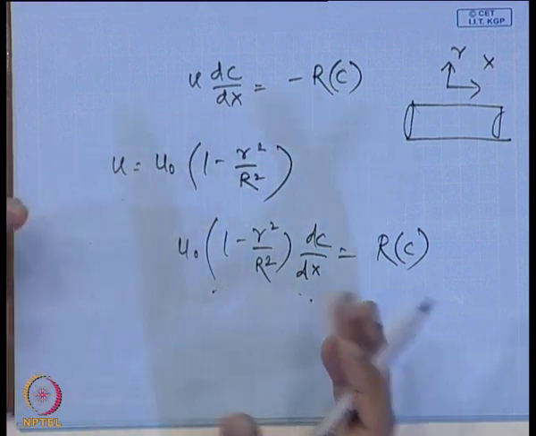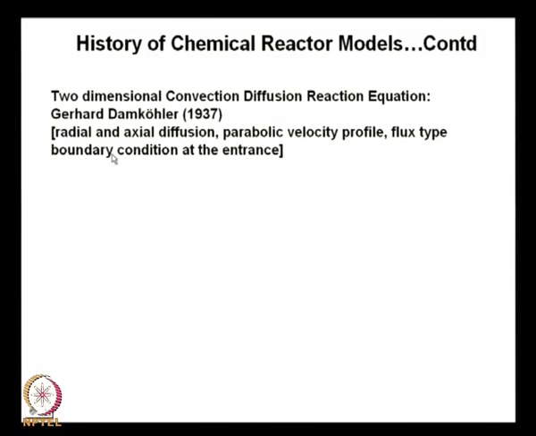So, the only way of being able to incorporate a radial velocity profile is to actually go for a two-dimensional description, which is what Damkohler did. He went for a two-dimensional description, and as a result he could incorporate the parabolic velocity profile. He included radial and axial diffusion, and he included the flux type boundary condition.